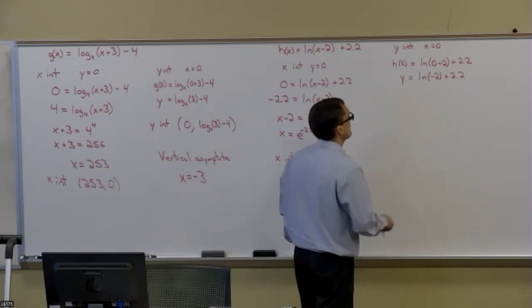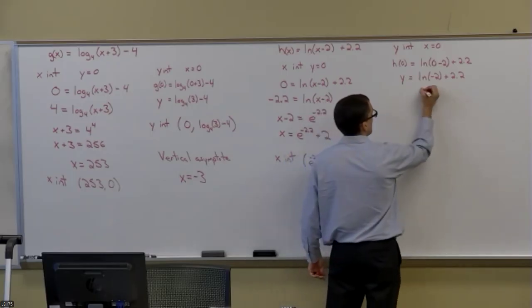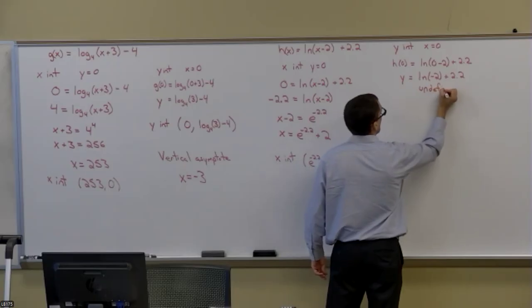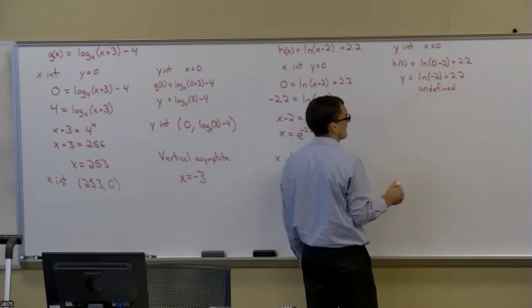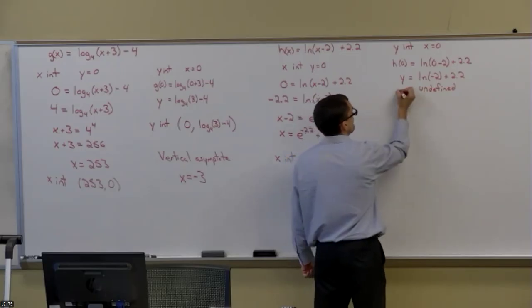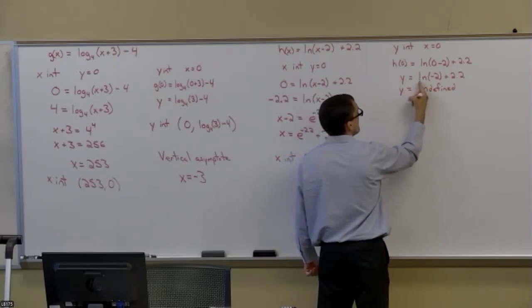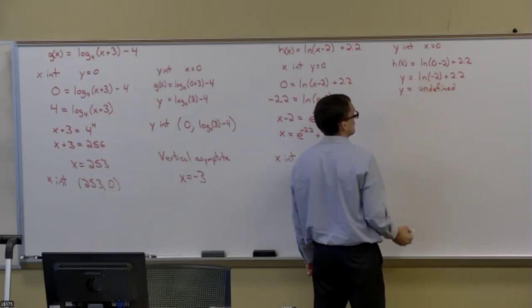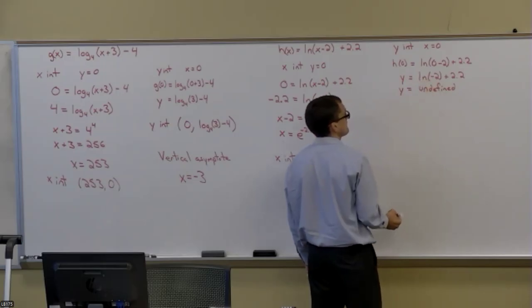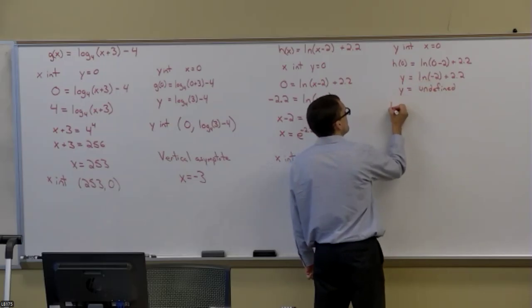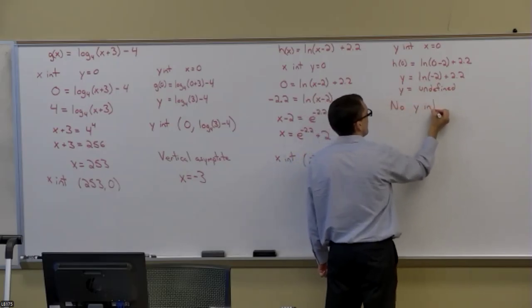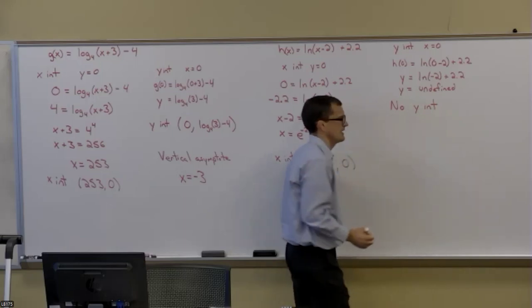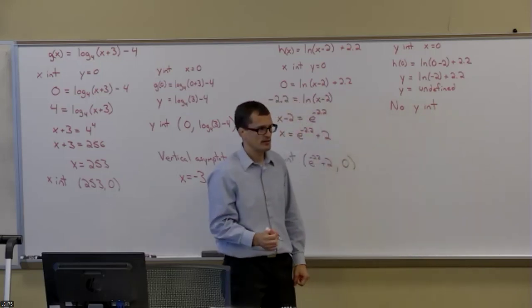So this is the undefined, or does not exist, however you'd like to say that, because we have a negative inside of the natural log. So this means that the y-intercept does not exist as well.